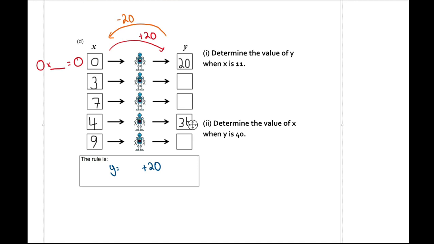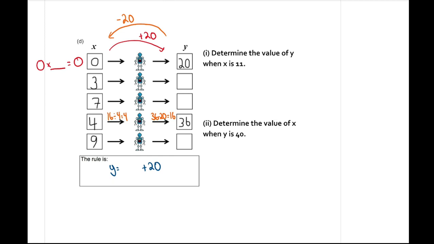Because if I do 36 minus 20, I get 16. So that means 4 times something gives me 16, or 16 divided by something gives me 4. Just the 2 different directions, but I should find that 16 divided by 4 gives me 4.